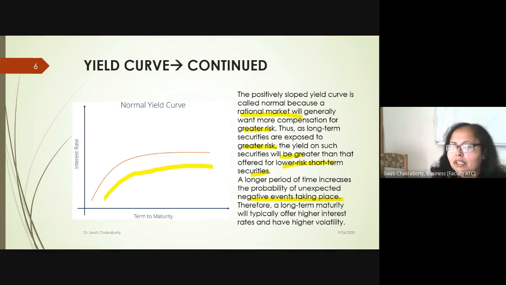Changes are happening, and there can be negative shocks, so the risk is higher. So if you want to invest in long-term securities, you would want higher compensation. Long-term securities offer a higher interest rate because they have higher volatility, which is the risk: it could be a profit, but there's also a chance of loss.